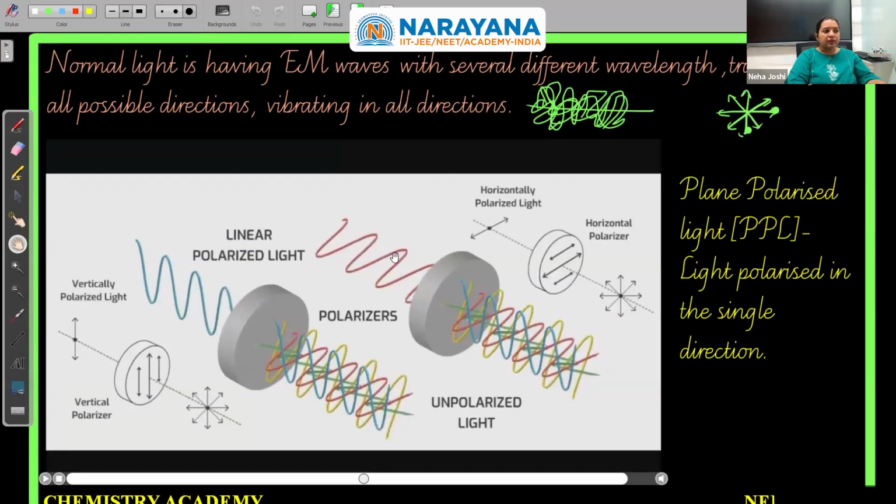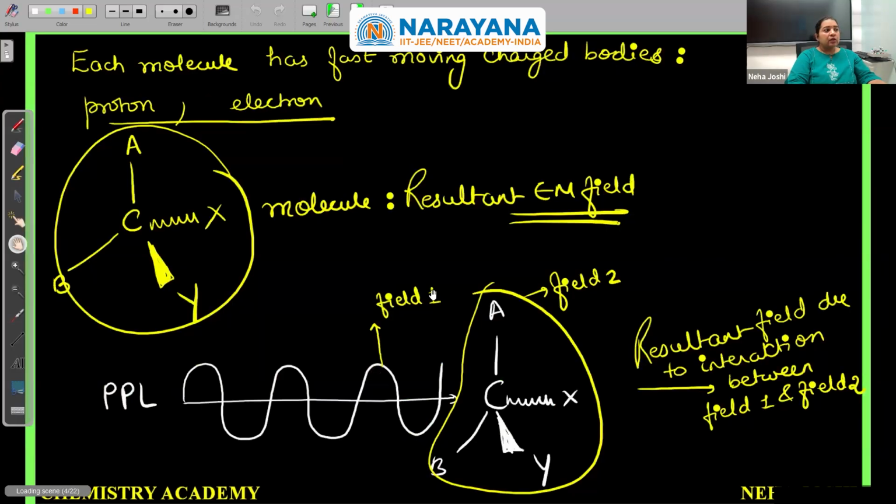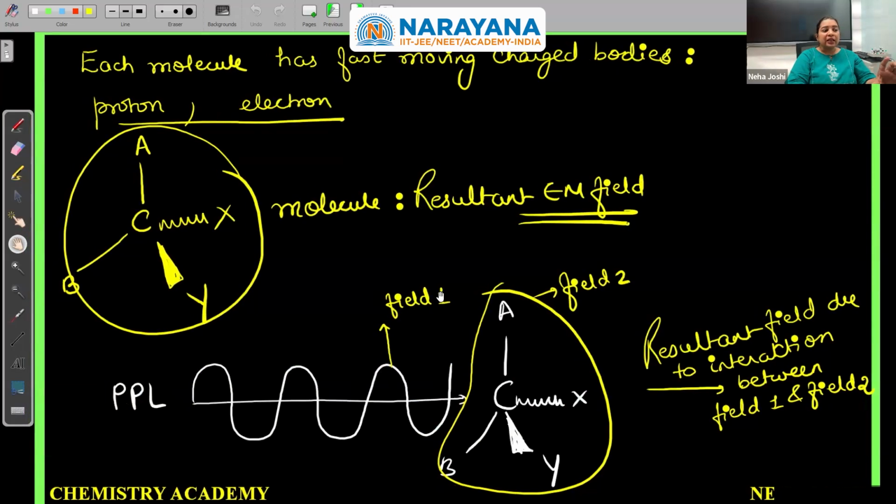You know what is PPL, right? It is light polarized in one particular plane, which otherwise would have been moving in infinite possible directions, right? So once I get that particular light, I pass it through a solution of the compound under study. Now, what actually happens at a very microscopic or atomic level, that we will discuss.